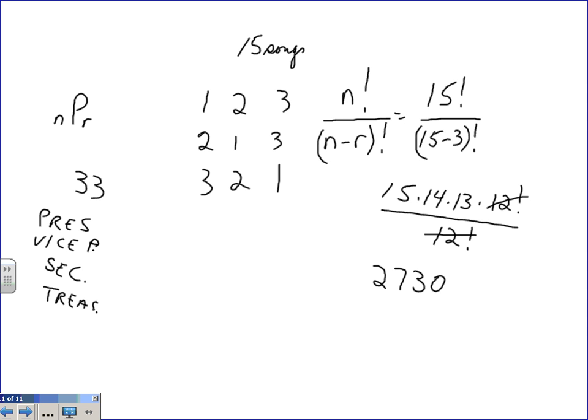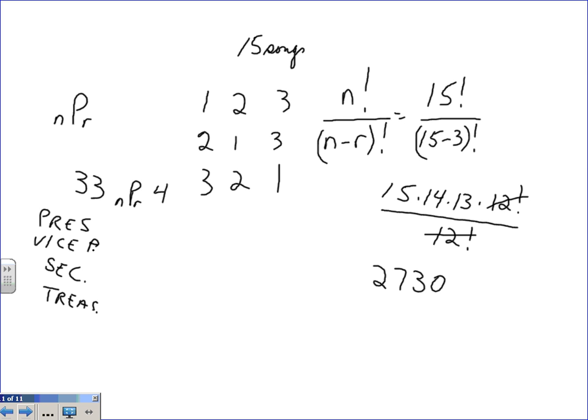In this chapter, you're going to have to read the problem and do a lot of figuring out what they are talking about here. Does order matter? If order matters, then we're going to do this permutation. So we're going to take 33 nPr 4. Okay, so we go to our calculator.